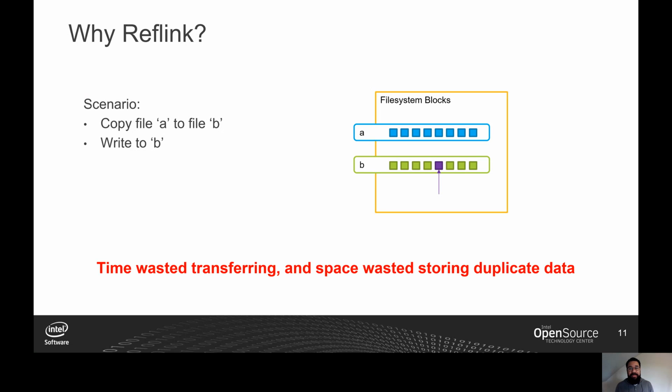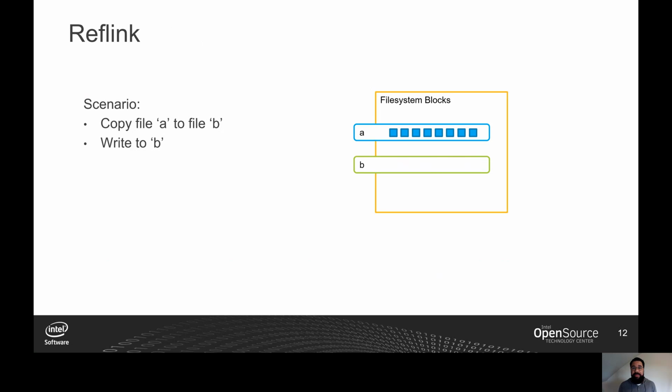The problem with this is we waste a lot of time transferring the data and also storing duplicate data. Most of B is the exact same data as A, so why do we waste time transferring and storing all this duplicate data?